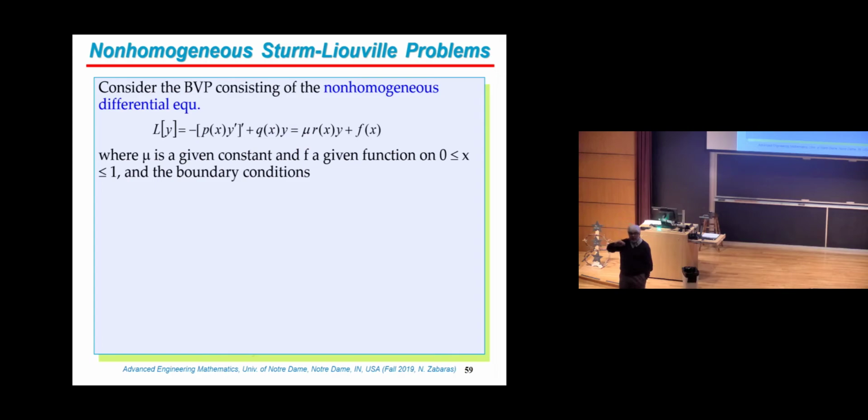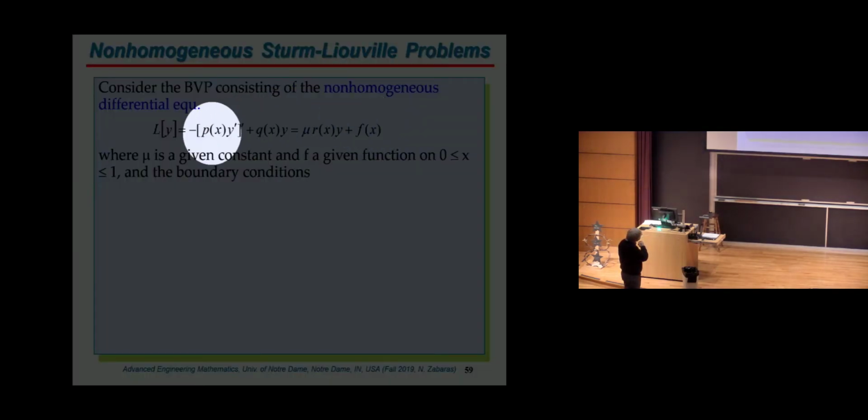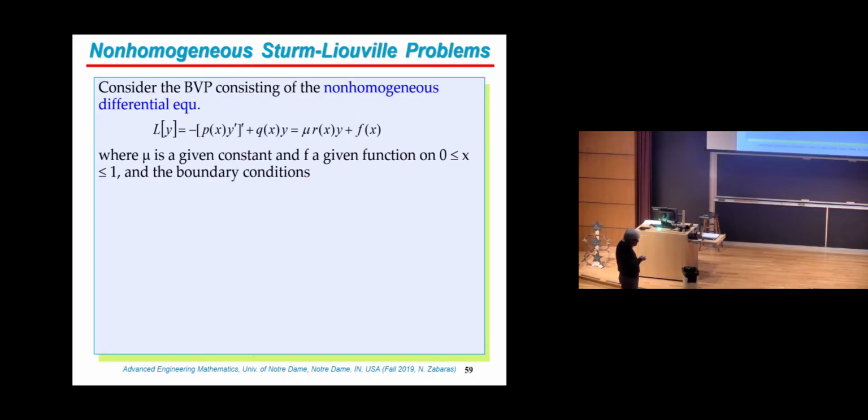And then when you plug that expansion into this equation, you should be able to compute the coefficients in that expansion term by term, the same way you would do with a power series expansion. Again, we're going to expand y in terms of the eigenfunctions of the homogeneous problem.